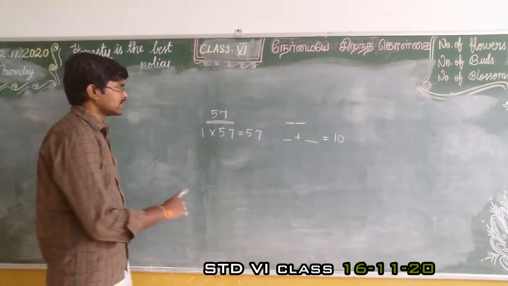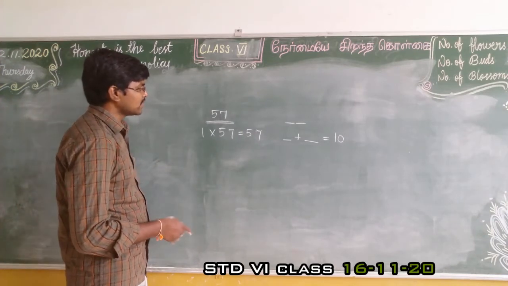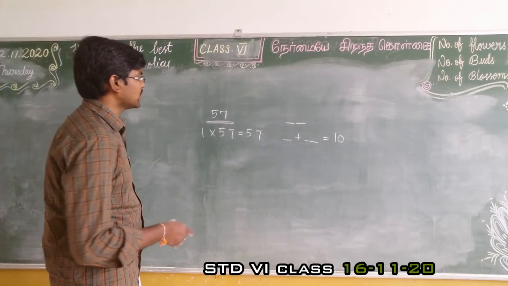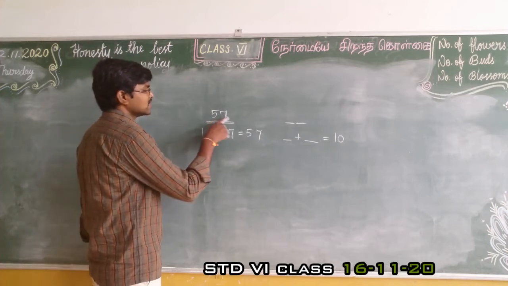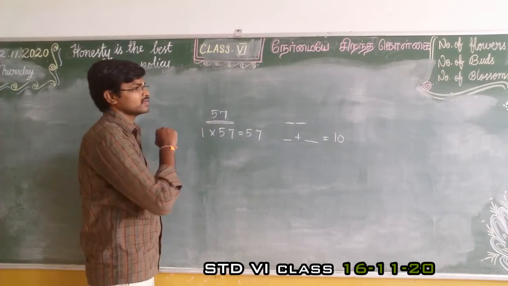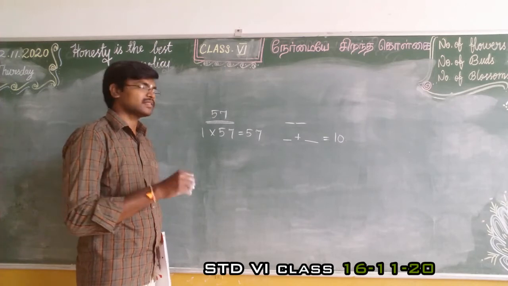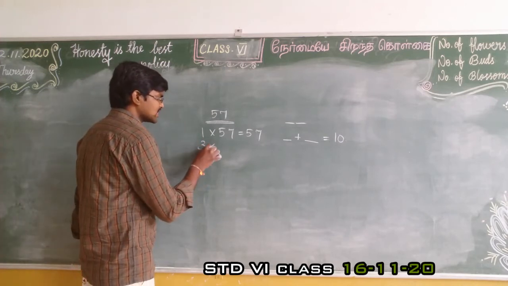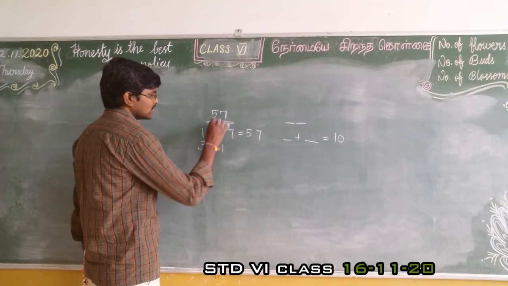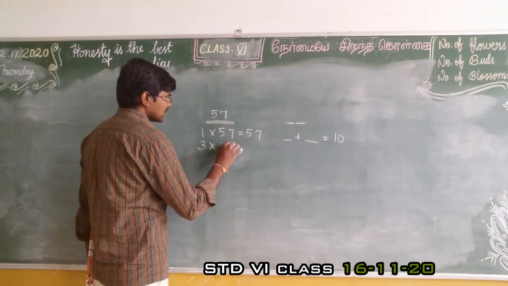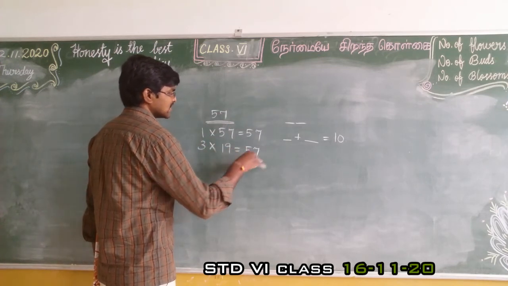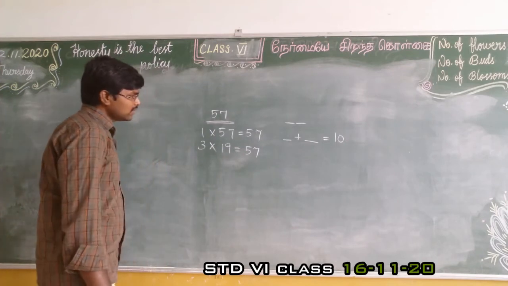Next, 2 table, 3 table, can we divide by 3? Sum of the digits 7 plus 5 is 12. 12 is divisible by 3. So compulsorily the 3 table will come. 1 3s are 3, remaining 2, that is 9. 57, right?